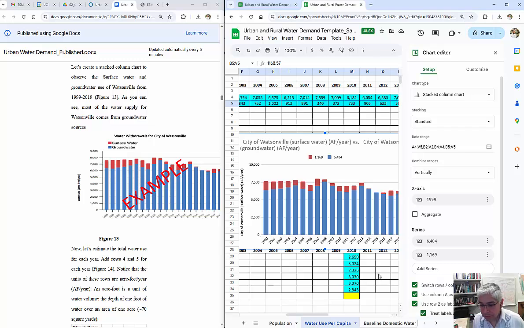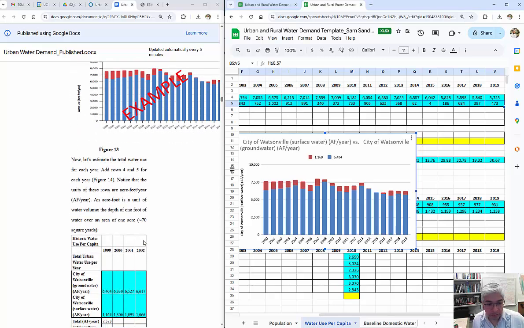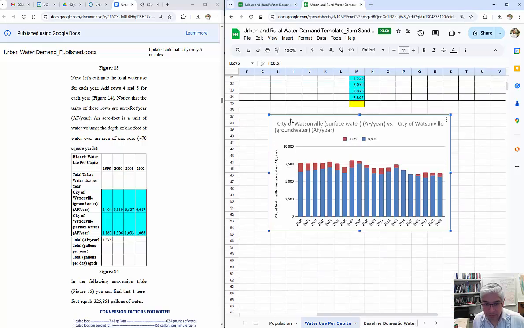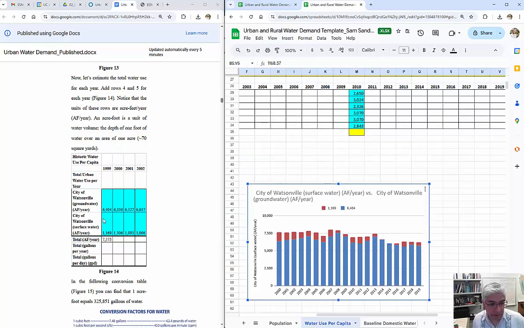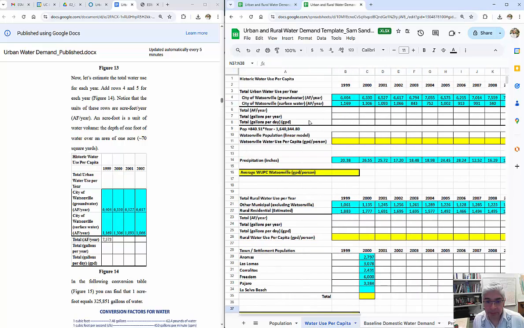Something also for us to do is, you can see that this is surface water and groundwater. Now here it will tell us to estimate the total use per year, then in gallons per year, and then in gallons per day.